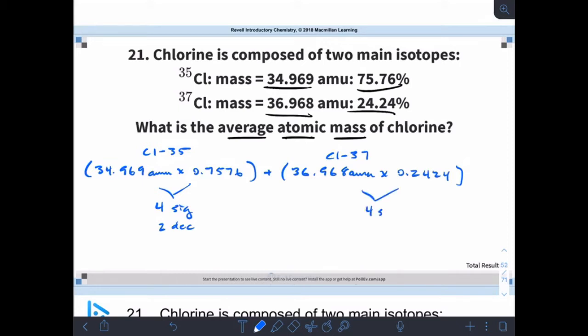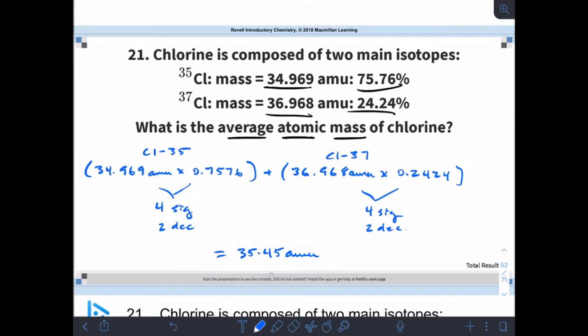We'll get 4 sig figs and 2 decimal places. When we add these together, we apply the addition rule, so our final answer should come out with 2 decimal places. So we end up with 35.45 AMU. And if we look on the periodic table, we will find that that is, in fact, the number that is given.